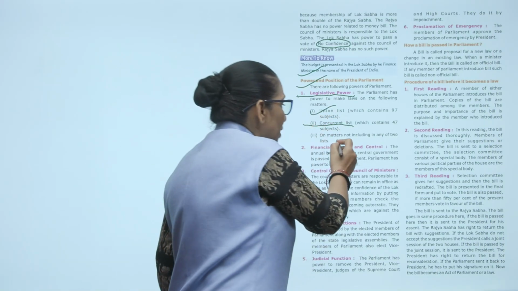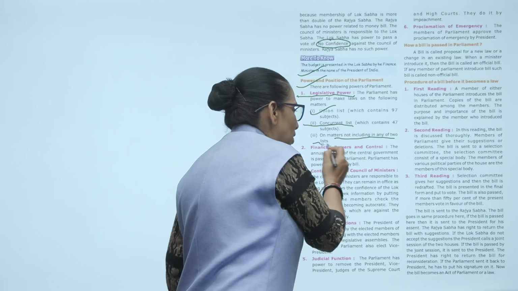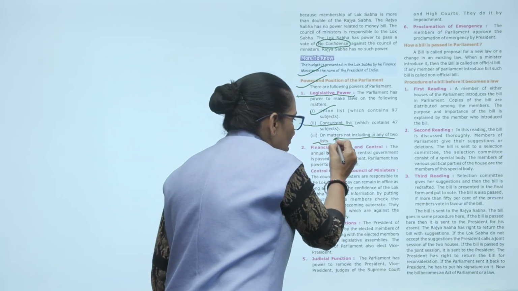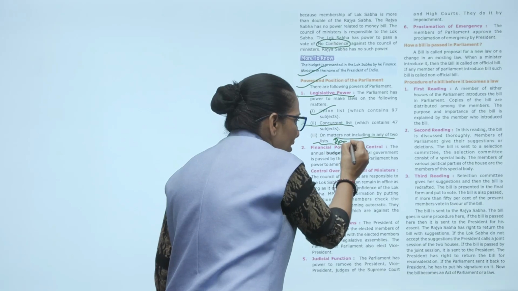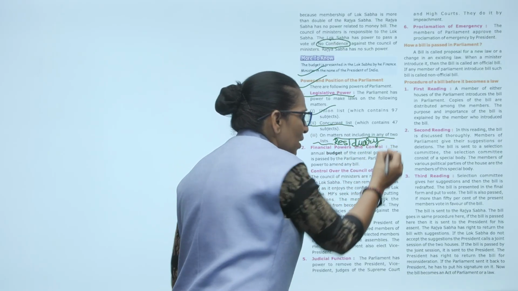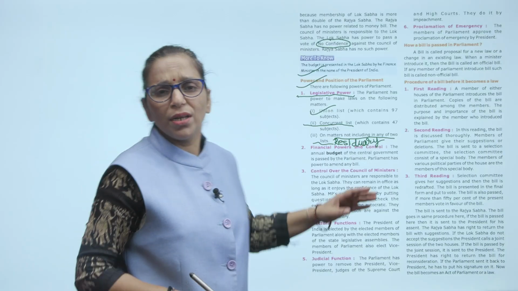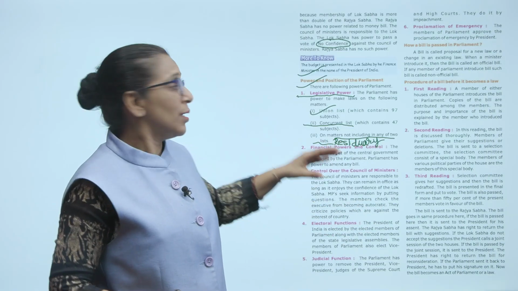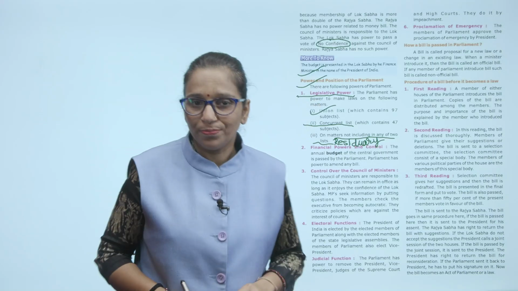Then matters not included in either of the two lists are known as residuary subjects. Residuary subjects are those which have not been included in any of the lists. So on those matters only and only the parliament will make a law.